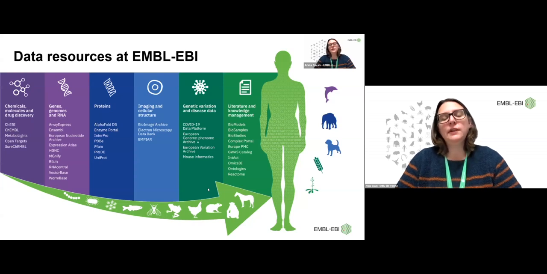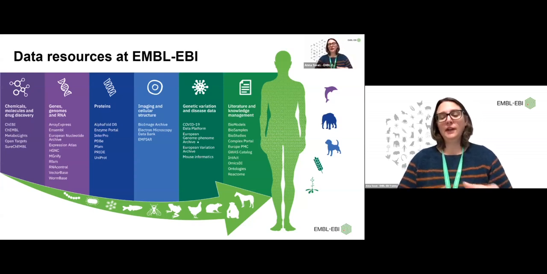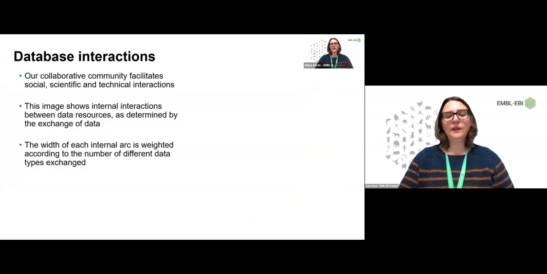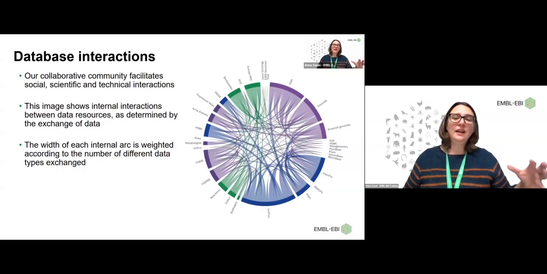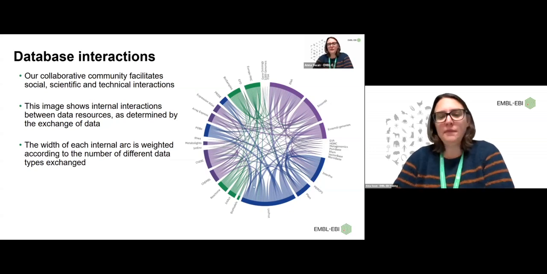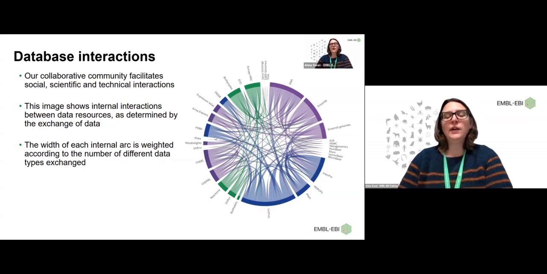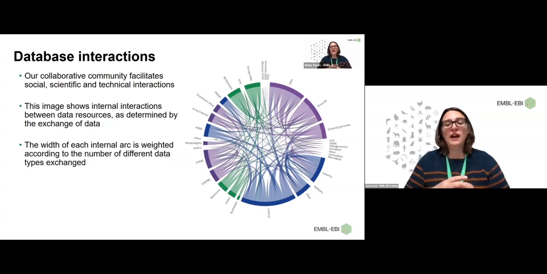So we have all of these different resources, but they don't work individually. They don't work in silos. You will see that actually lots of them interact with each other. So this diagram on the right here, around the edges, you will see each of these are names of different data resources, and the lines going between them show how they interact.